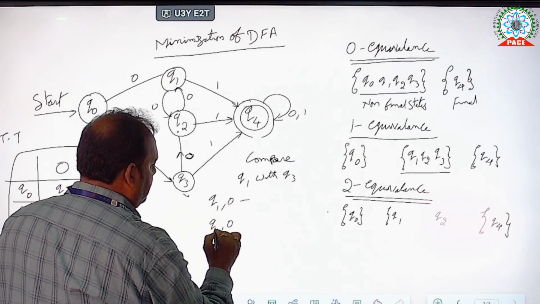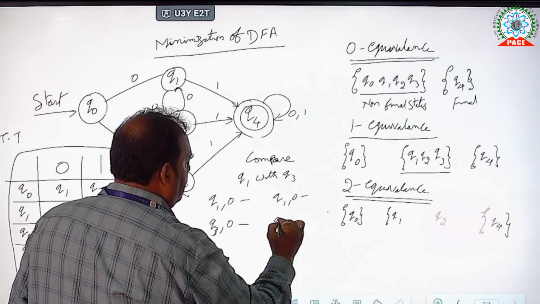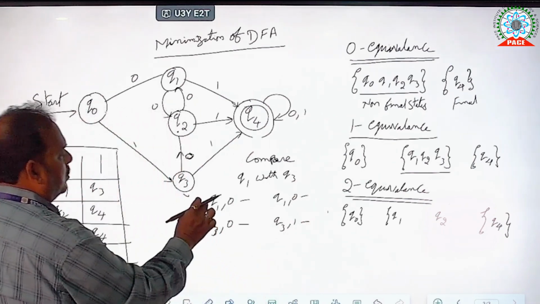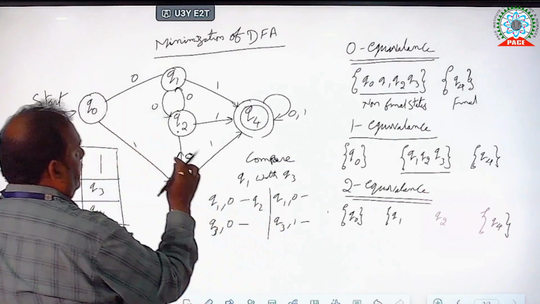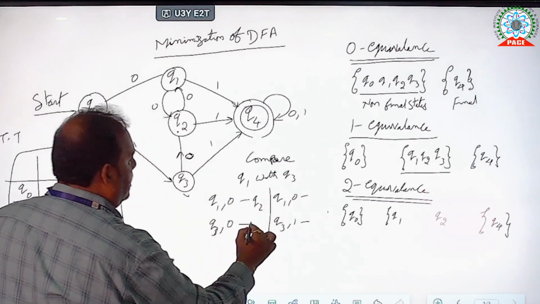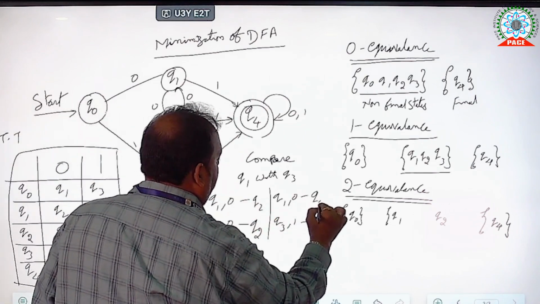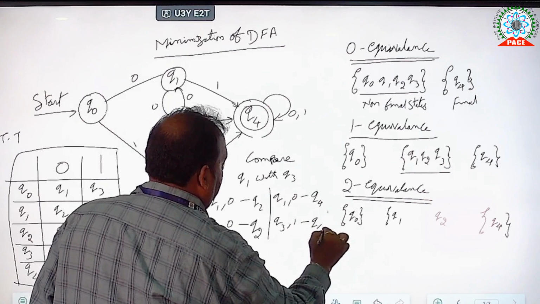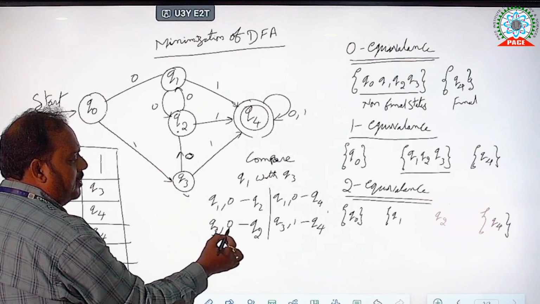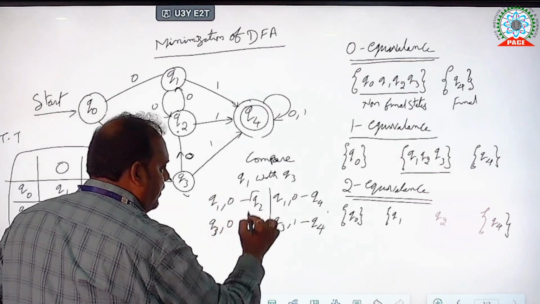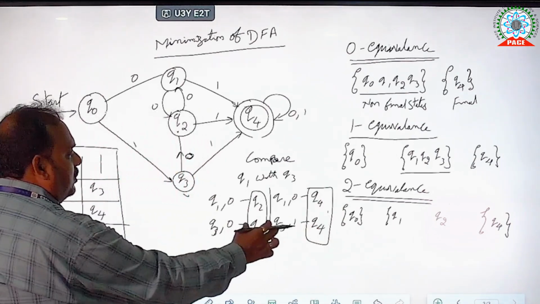Q1 with a 0 transition reaches the Q2 state, Q3 with a 0 transition reaches the Q2 state. Q1 with a 1 transition reaches Q4, and Q3 with a 1 transition also reaches Q4. So these two have the same, and again these two have the same. It means that both are equivalent. That's why you have to write down Q3 here.